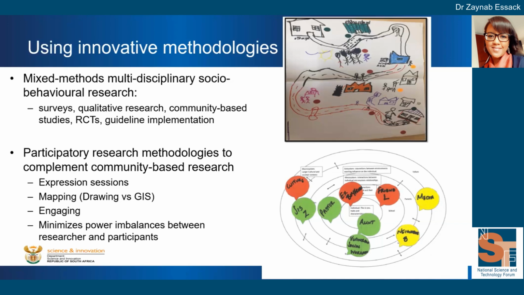So I just want to show on the right, when you are in certain contexts, you have to make sure that your research is contextually informed. And initially, we went into this community with really sophisticated GIS maps to help us identify the route to and from school.